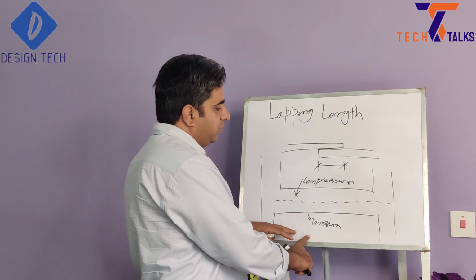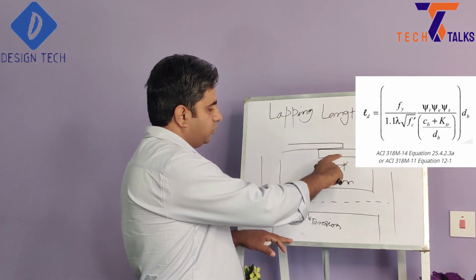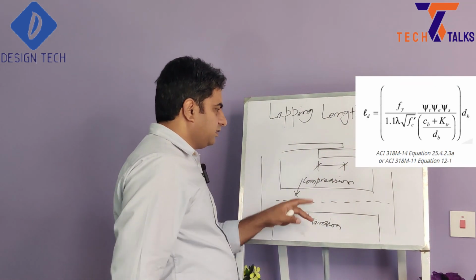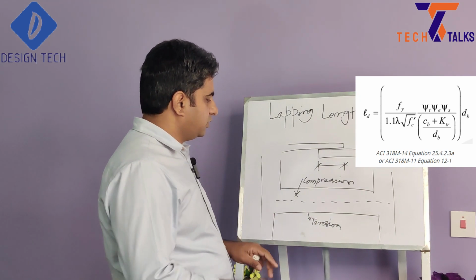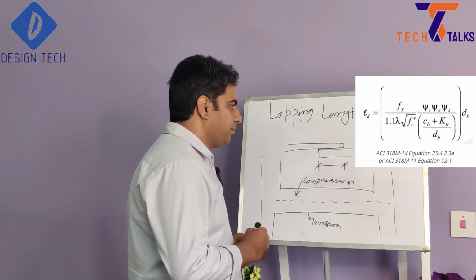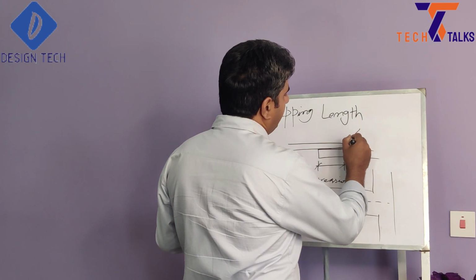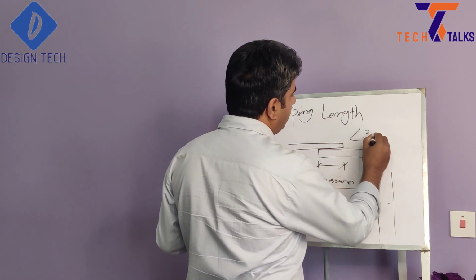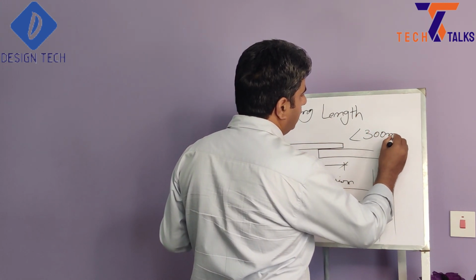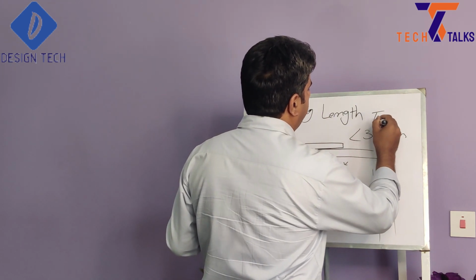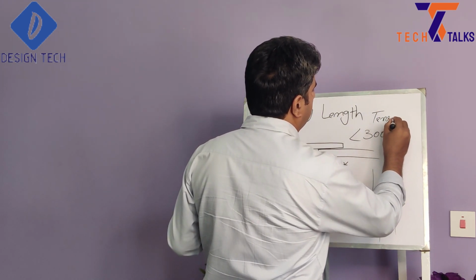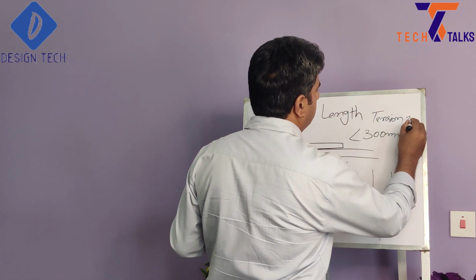For tension zone calculations, you can see this code requirement. This is the formula which we use for tension zone lap length calculation, but lap length should not be less than 300 mm for tension zone.